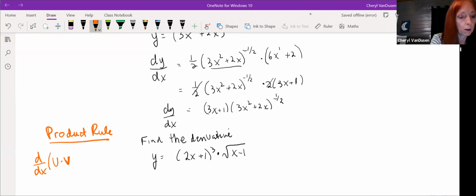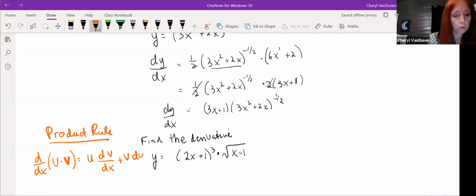I don't really know why we use those silly letters because a u and a v look so similar, but that's okay. So it's equal to u times the derivative of v, dv, plus v times the derivative of u. What I'll try to do is make sure my u's have tails.